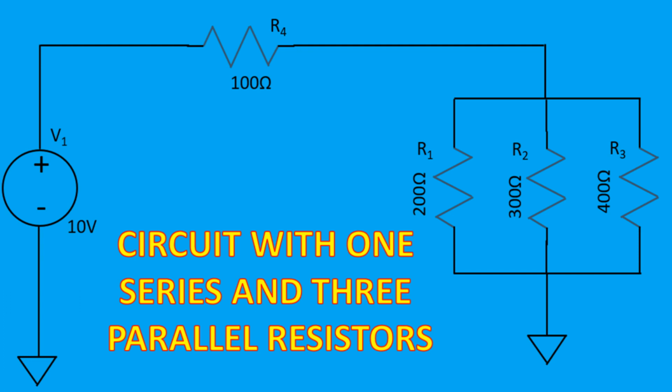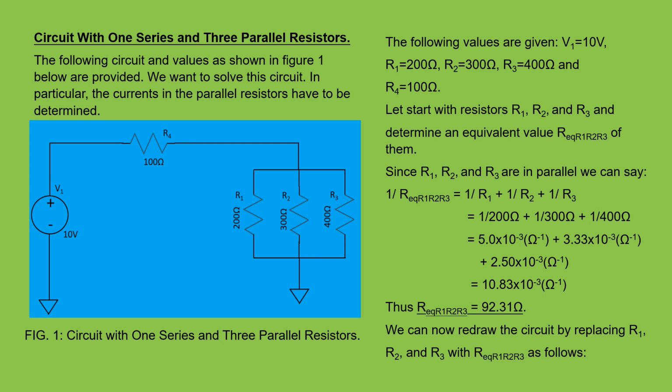Hello and welcome to another discussion of a circuit containing a voltage source and several resistors. In this particular case, the circuit that we're going to discuss contains a voltage source V1 of 10 volts, 3 parallel resistors, R1 200 ohm, R2 300 ohms, R3 400 ohms, and they are in series with R4, which is a 100 ohm resistor.